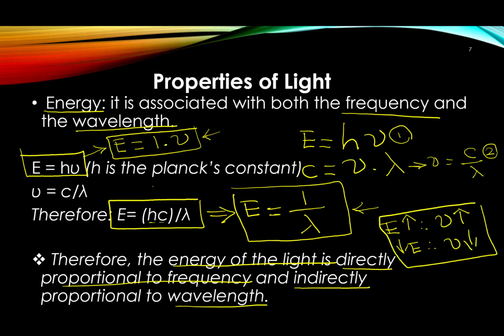Whereas for wavelength, if you increase the energy, the wavelength decreases, and if you decrease the energy, the wavelength increases. Then as you could see, the energy is directly proportional to frequency and is indirectly proportional to wavelength. And also between wavelength and frequency, they're also indirectly proportional.